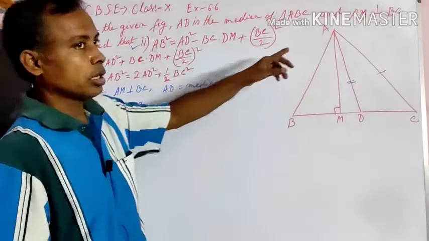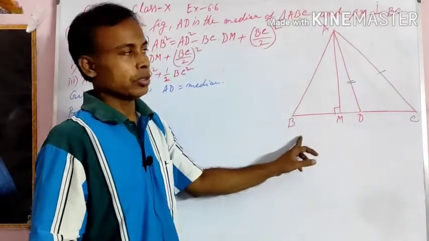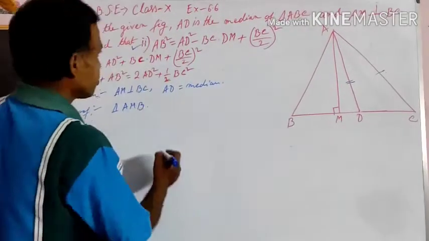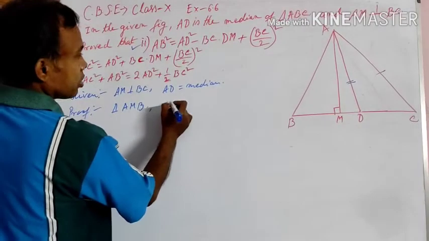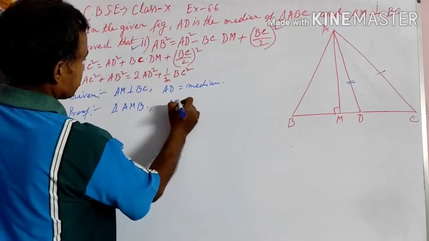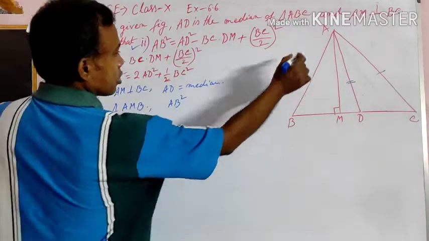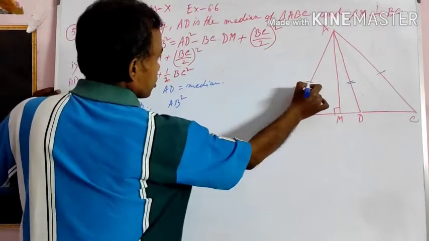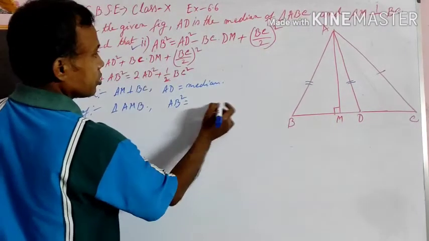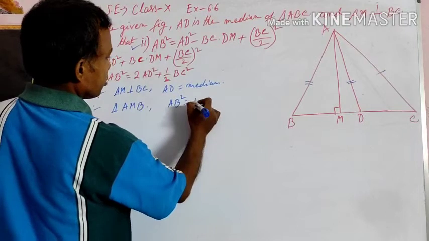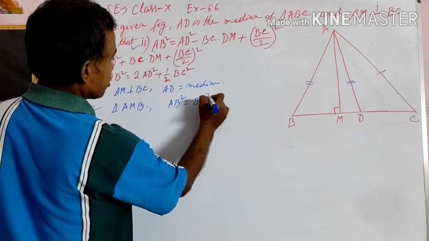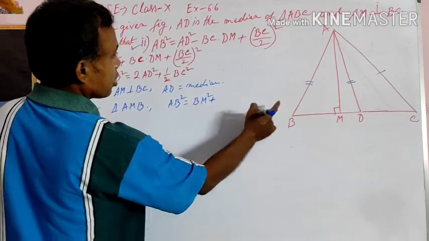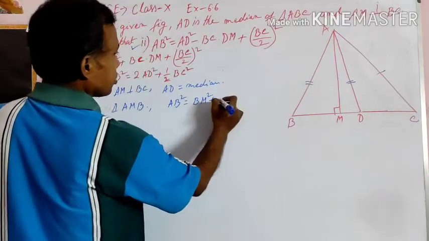In right angle triangle AMB, applying Pythagoras theorem, AB square, that is hypotenuse square, is equal to base square BM square plus perpendicular square AM square.